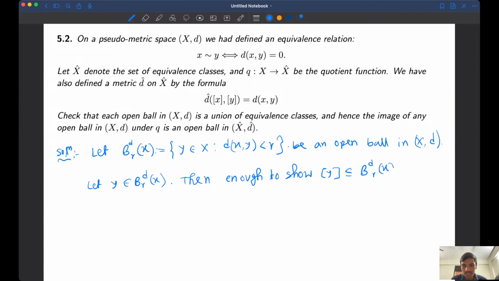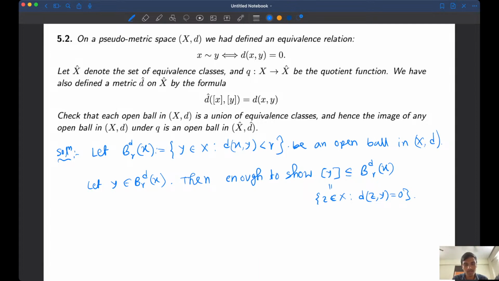What is this class as a set? This consists of all z in X such that z is related to y, so z related to y means d(z,y) is 0. So if I pick a z from X such that d(z,y) is 0, then that will imply that d(z,x) is also controlled, by the triangle inequality.